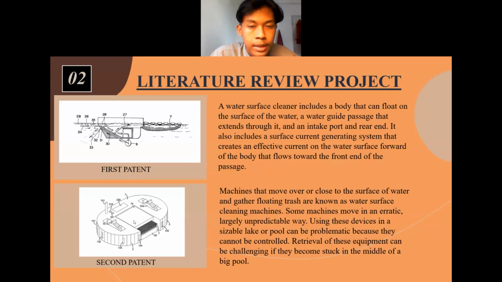The second patent here has the same function as the first patent and our product. But the design, for me, is too critical and too complicated for us to follow. But I will take this as a sample of the function, like our product. This machine can move over or close to the surface of the water and get the floating trash, known as a water surface cleaning machine.